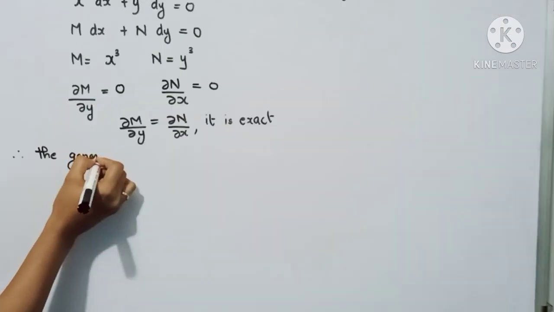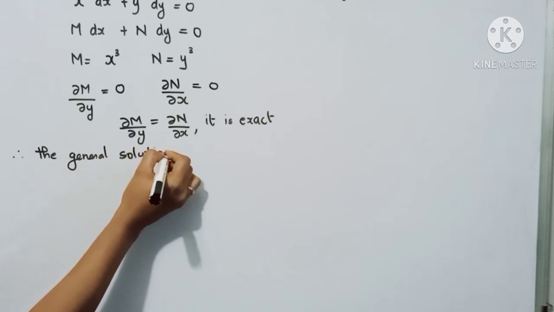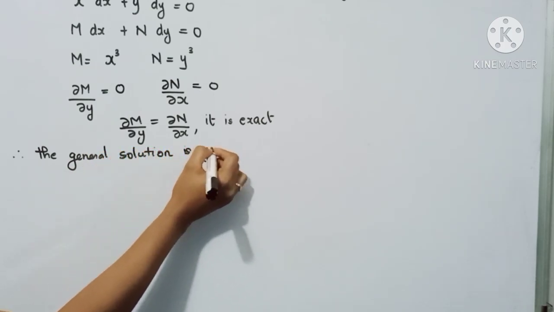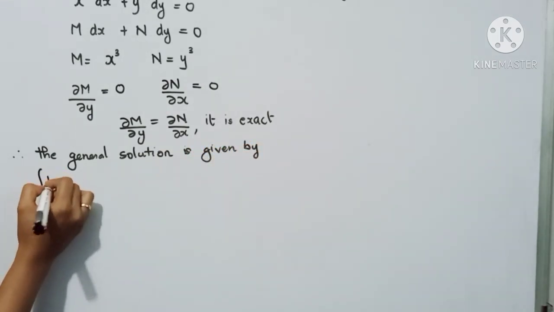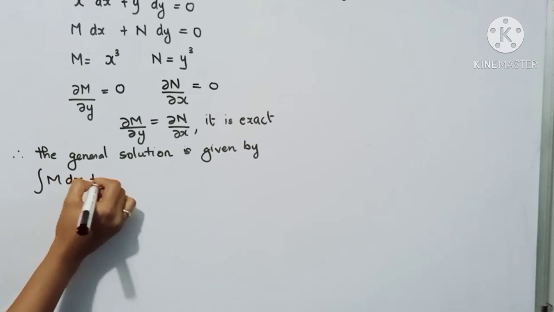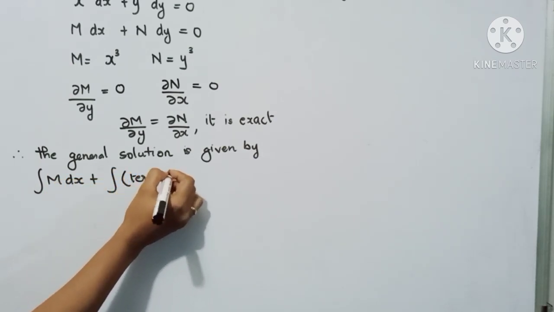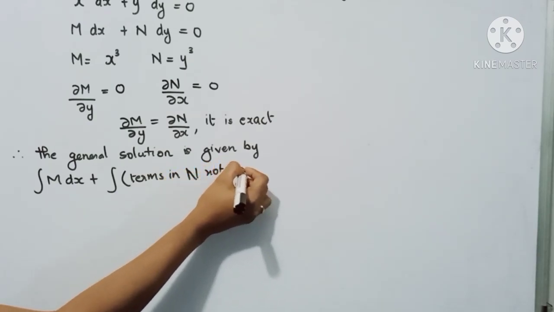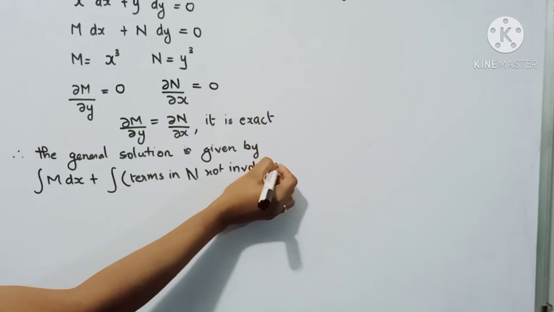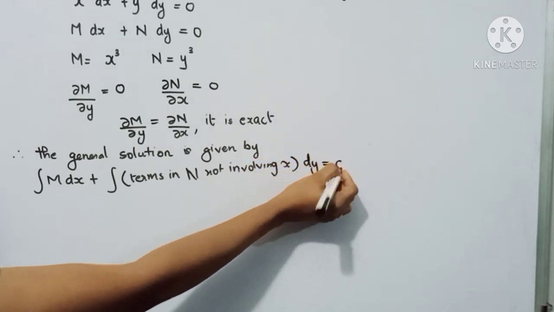Now the solution is given by integral M dx plus integral of terms in N not involving x, dy, equal to c.